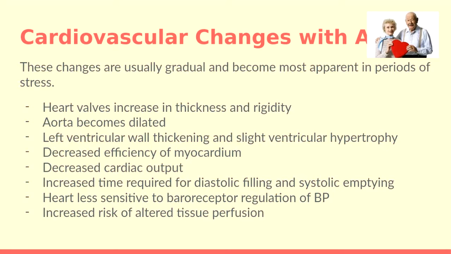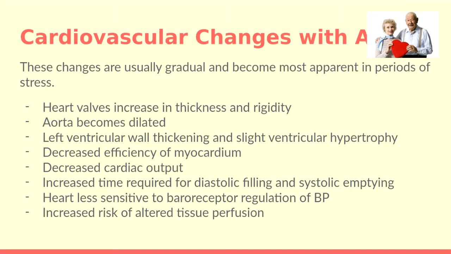Hypertrophy is when the muscle becomes thicker with tissue. There's also decreased efficiency of the myocardium. As we age, the myocardium loses some of its contractile strength, which causes a reduction in cardiac output when the demands of the heart are increased. More time is needed for diastolic filling and systolic emptying.